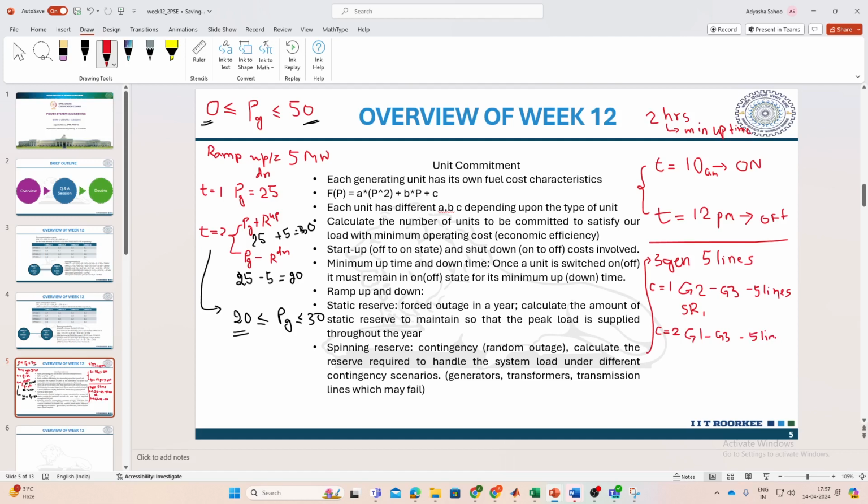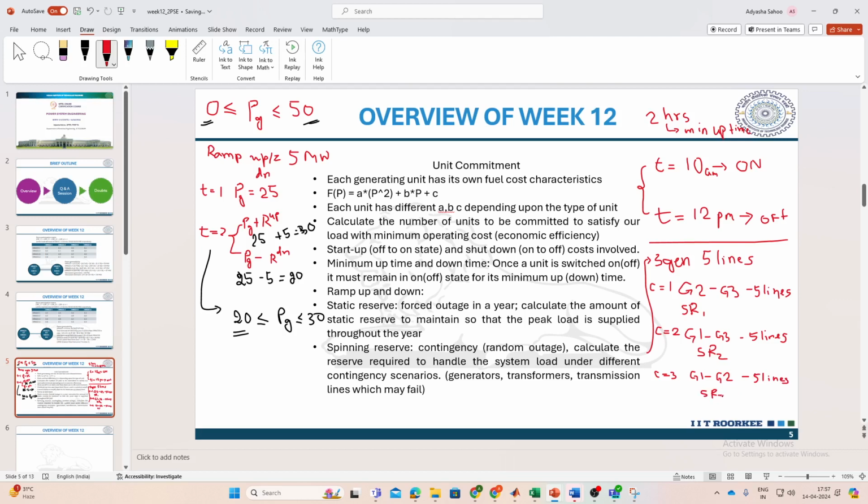And let's say the reserve required to handle this contingency is your SR2. And similarly, for the third contingency scenario, let's say your third generator is under outage. So you have to calculate the spinning reserve considering G1, G2 and your 5 lines, that is your SR3.